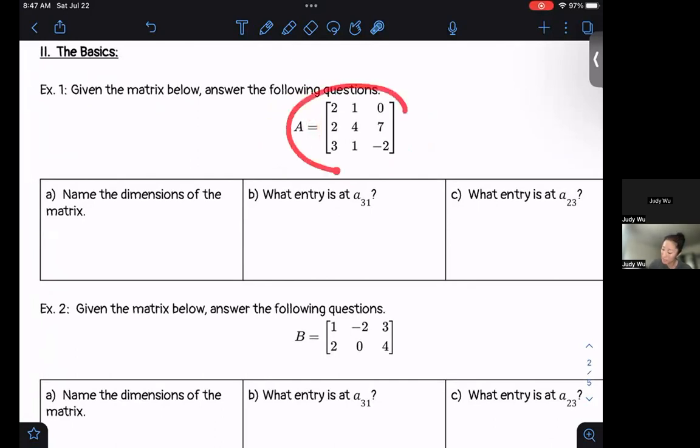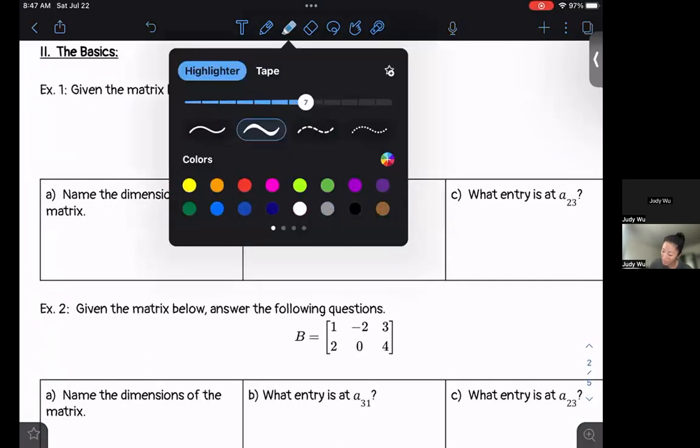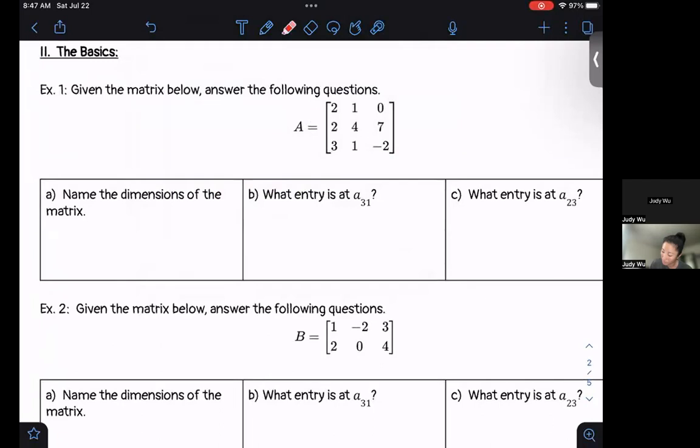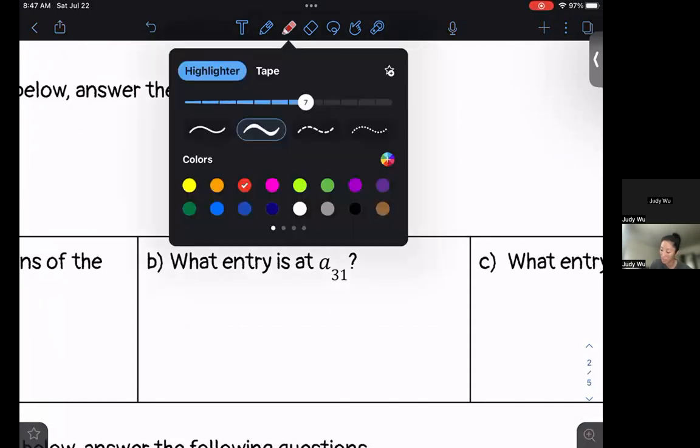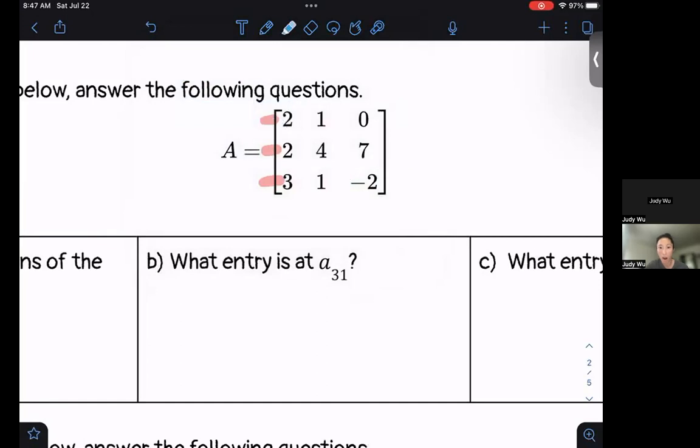And so in this matrix here, let's go back and see what we have. How many rows does this matrix have? Well, it has 1, 2, 3 rows. And how many columns does it have? Well, 1, 2, 3. Okay.